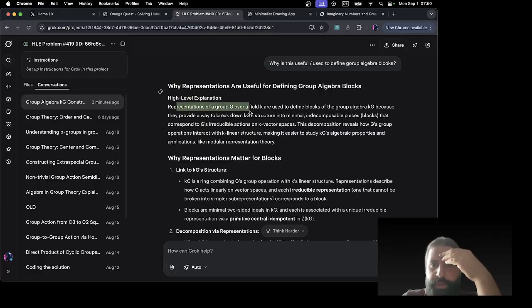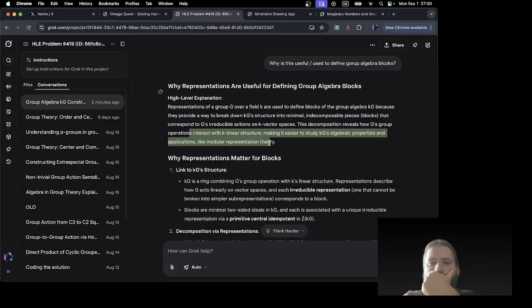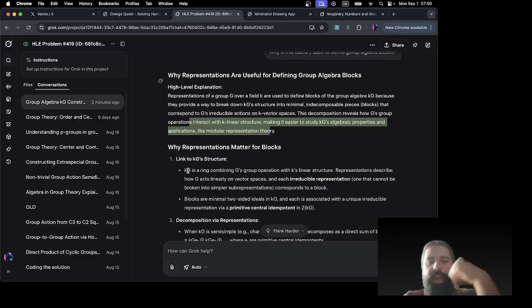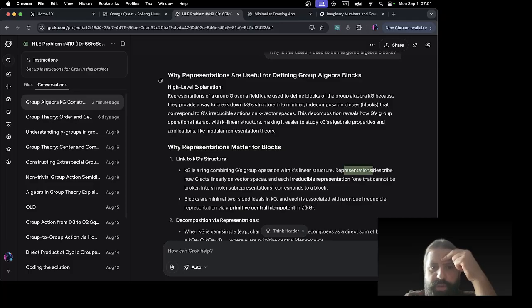Representations of group G over field K are used to define blocks of the group algebra because they provide a way to break down KG's structure into minimal indecomposable pieces that correspond to G's irreducible actions on K vector spaces. KG is a ring combining G's group operation with K's structure. Representations describe how G acts linearly on vector spaces.